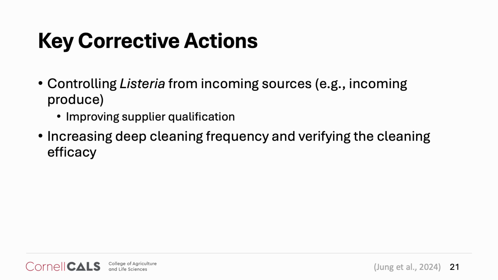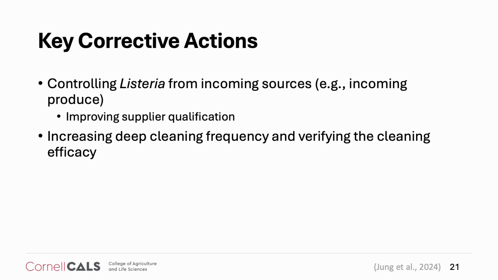For example, the what-if scenario analysis for the retail ABM showed that controlling Listeria from incoming sources, especially from the incoming produce, is the most effective strategy to control Listeria in a retail environment. This can suggest that stringent supplier qualification would be a key to controlling Listeria at retail.